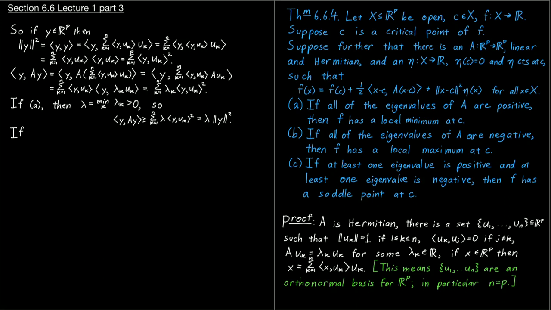And then in the other case, B, why don't I call it negative lambda, is the biggest of your eigenvalues. That is the one closest to 0, the one with the smallest absolute value. That is negative. So exactly the same argument: the inner product of y with Ay is going to be less than or equal to negative lambda times the norm of y squared.